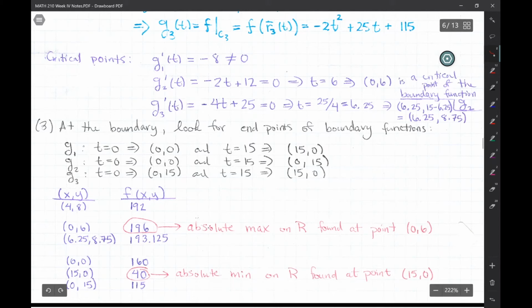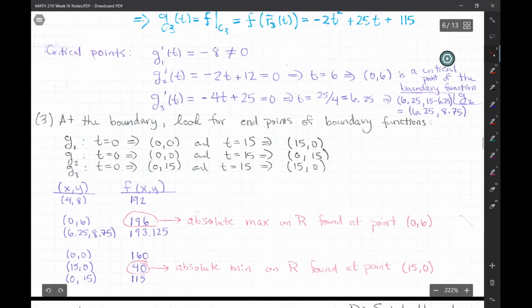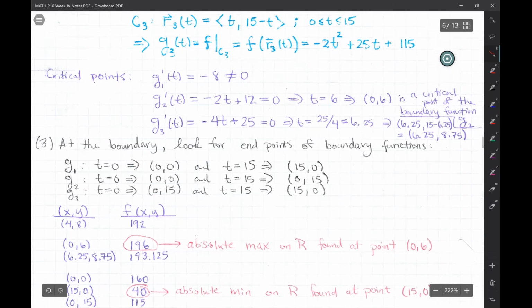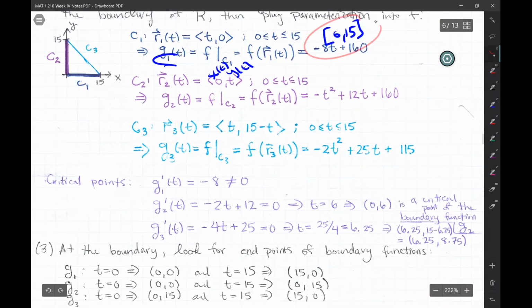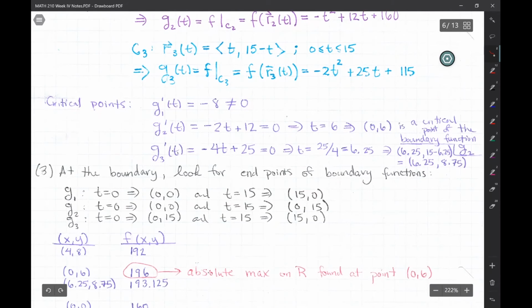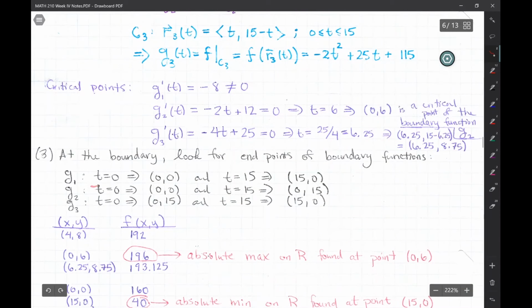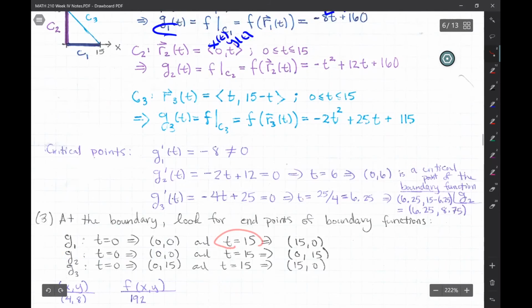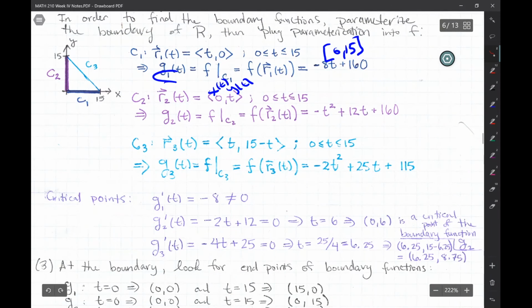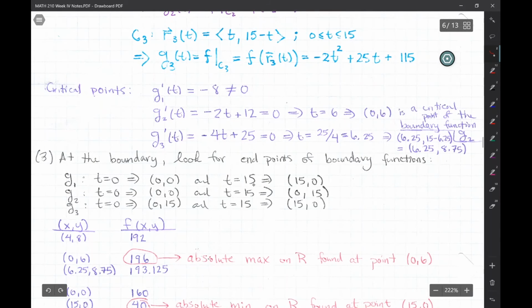So we're going to consider the endpoints of the interval where our boundary function is defined. And what is that interval? It's 0 to 15 for all three of these functions. And these correspond to t equals 0 for G1, which corresponds to the origin, and t equals 15, the endpoint, which corresponds to 15, 0 for G1.